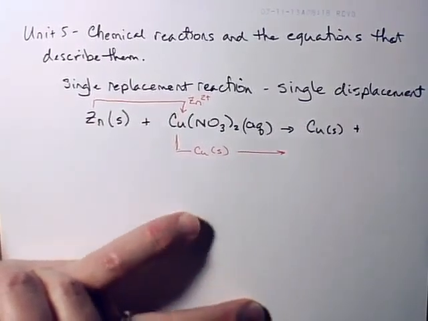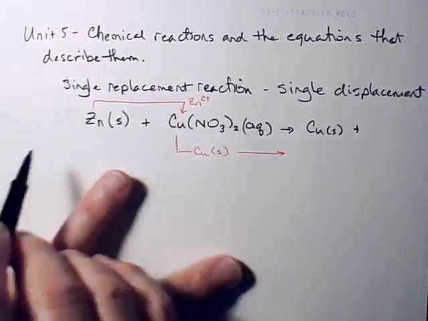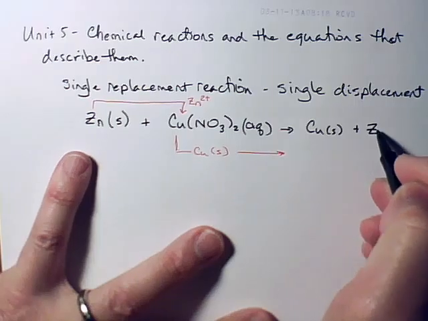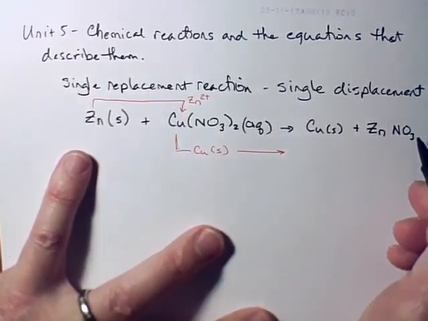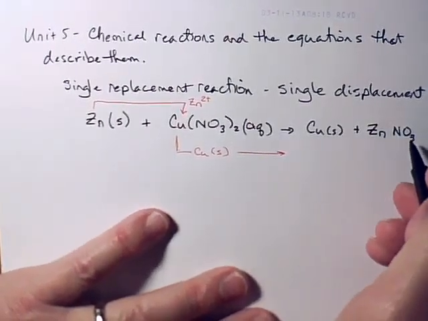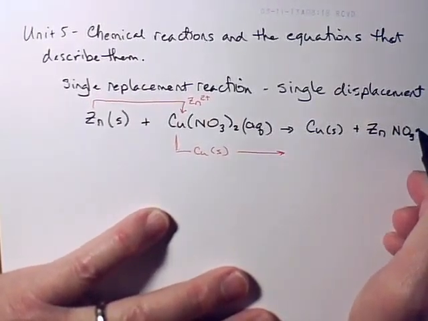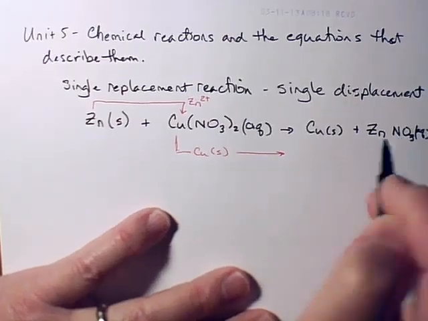And what's actually in solution, and the reason that zinc dissolved or seemed to dissolve, is because it now is zinc bonded with the nitrate. Or it's actually in solution separately from it, but that's okay. So this is aqueous. It's dissolved in the water.